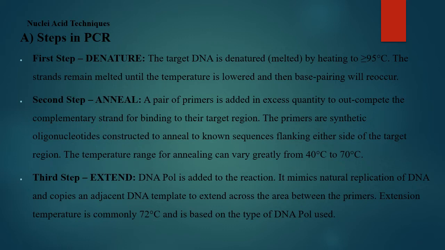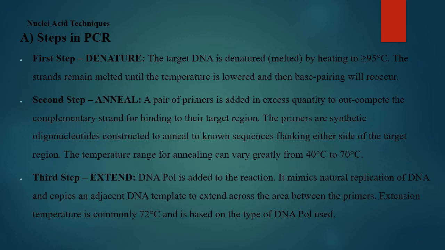At this temperature, the strands stay melted, or opened up, until you lower the temperature. At this point is where the base pairing can take place, because you need to open it up first. So you unzip, like we are going to do in DNA replication.